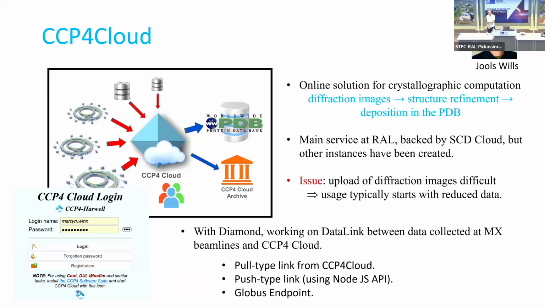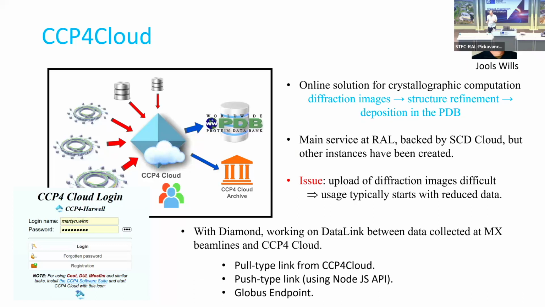You can also pull from the cloud if you're logged in. And there's a Globus endpoint just recently been set up. So the infrastructure is there now for easier transfer of data to and from CCP4 Cloud. And they're working with Diamond at the moment to try and smooth that.